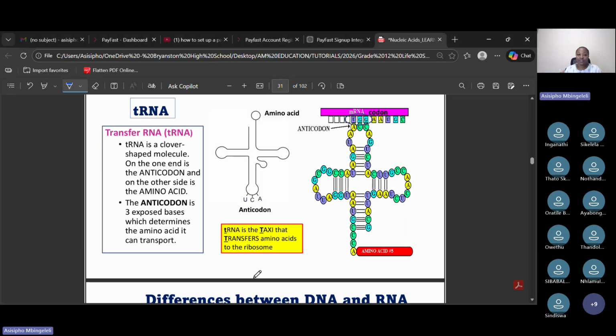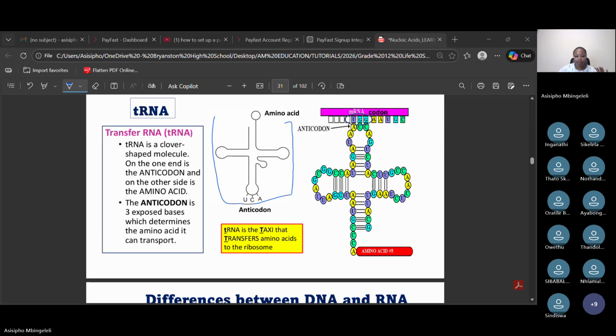Okay, so with transfer RNA, this is a type of RNA molecule that is important in carrying amino acids. Please familiarize yourself with how the transfer RNA looks. This is very important. I'm just double checking if I unmuted. Okay, cool, that's fine.